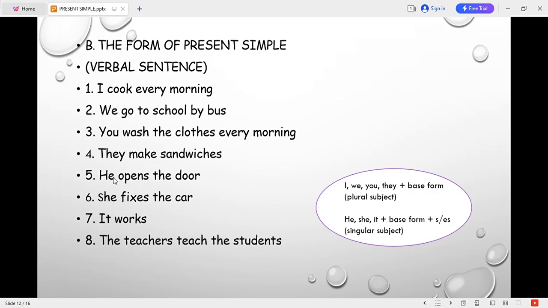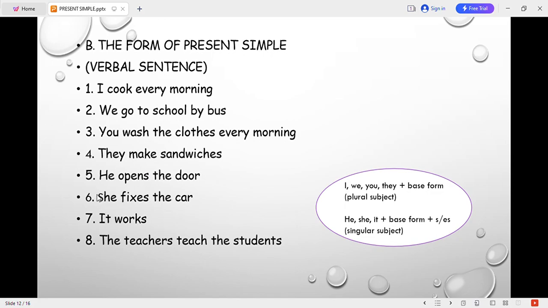Because the subject is singular, one person, he. So we put s at the end of the verb. If we delete this s, the sentence is wrong because this is a singular subject. So, of course, you have to put s at the end of the word open.